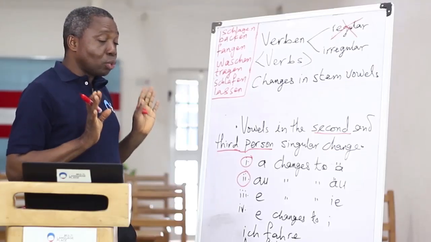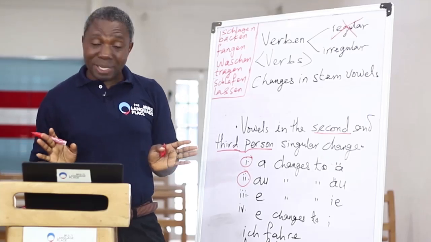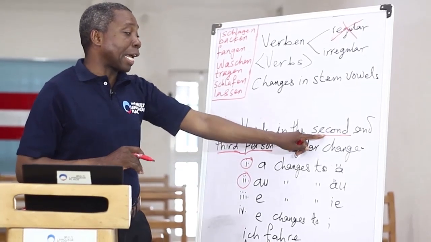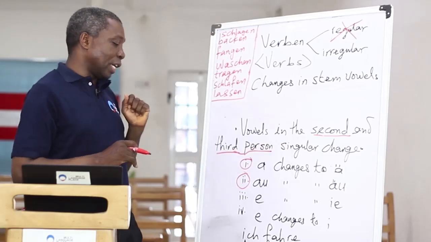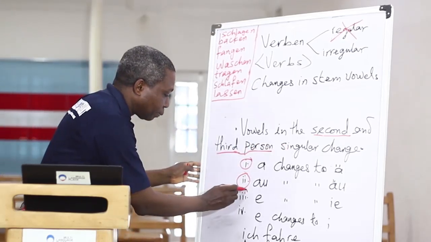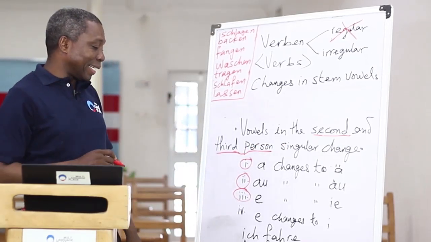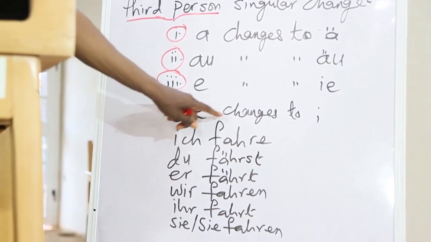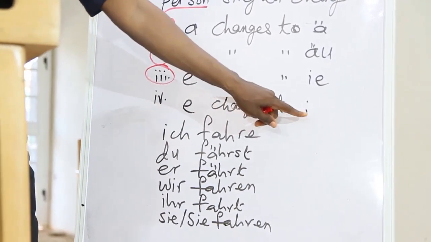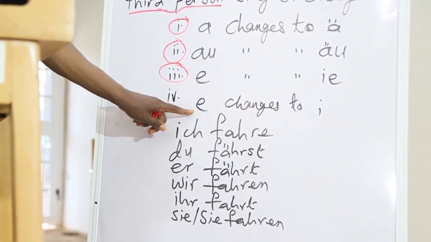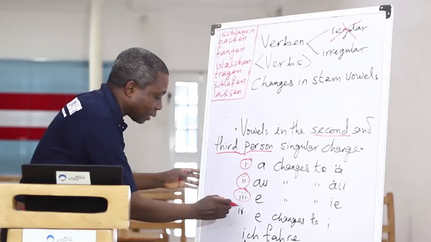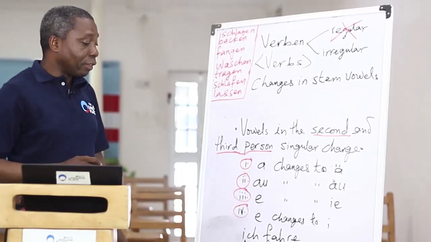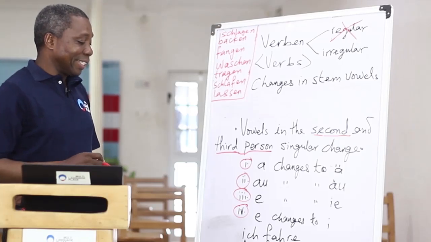Where will the changes be manifesting? It will manifest in the second and the third person singular. That's the third one. And then the fourth one is A changes to E. Where? In the second and in the third person singular.